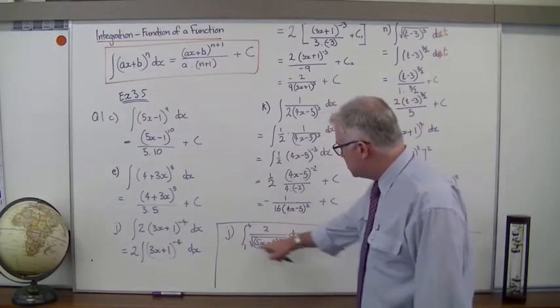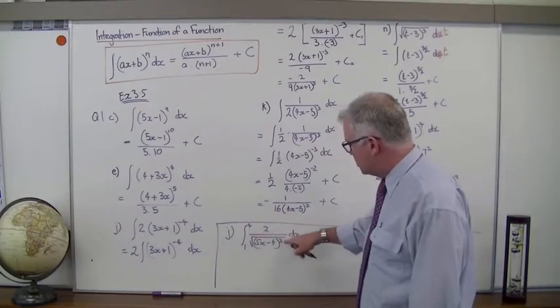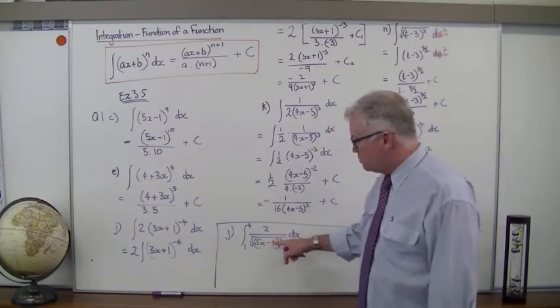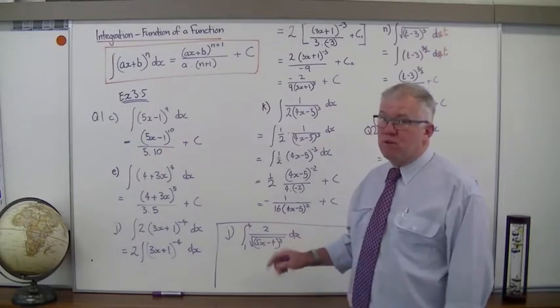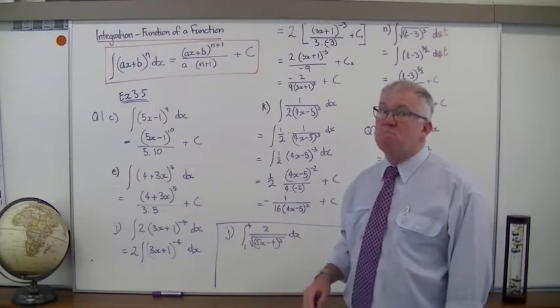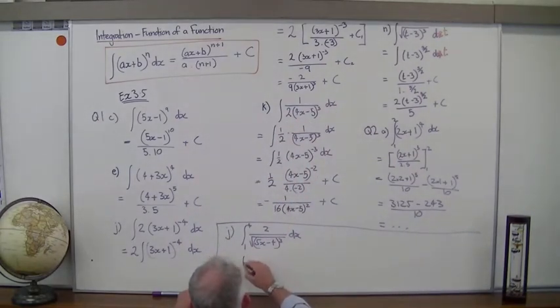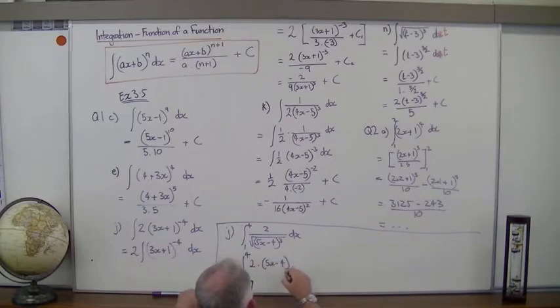Now that's in a denominator, it's a square root sign, this is cubed, so this 5x minus 4 will be 5x minus 4 to the power of minus 3 on 2. Alright, so we're integrating from 1 to 4, and it's going to be 2 times 5x minus 4 to the power of minus 3 on 2 with respect to x.